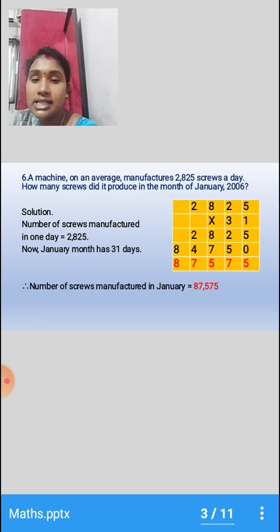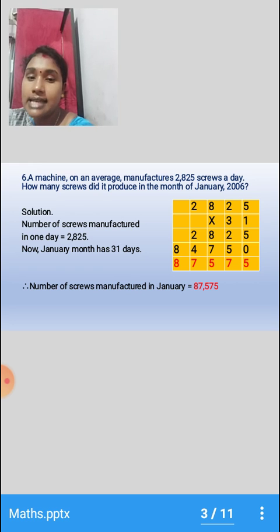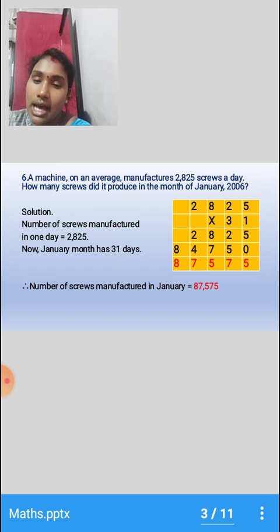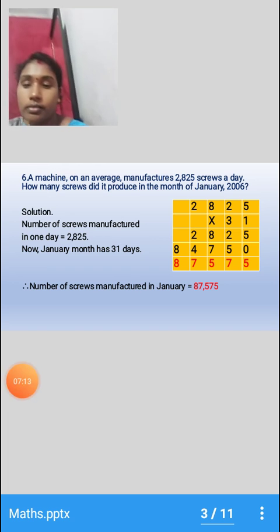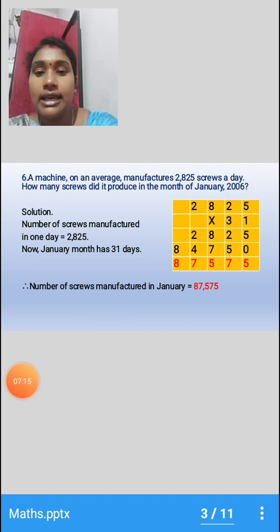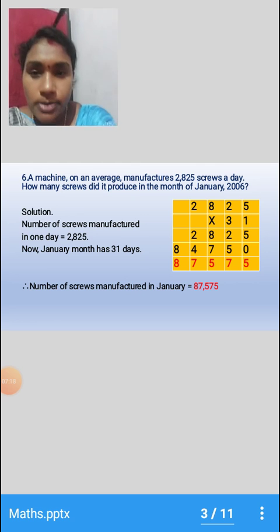So 5 threes are 15, 5 comes down and 1 is carried over. 8 threes are 24, plus 1 will give you 25. Then 2 threes are 6, plus the carried 2, and 8 comes down.